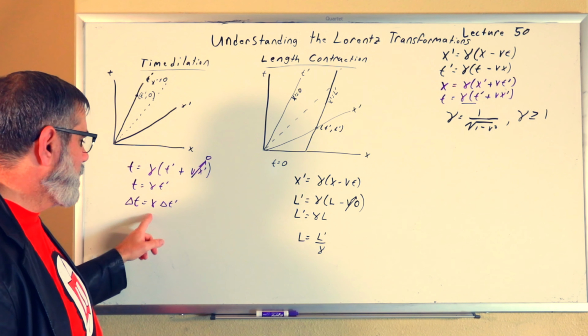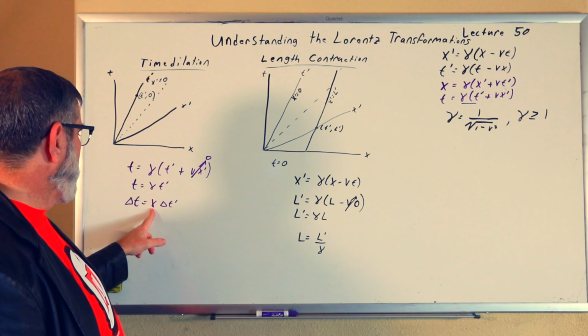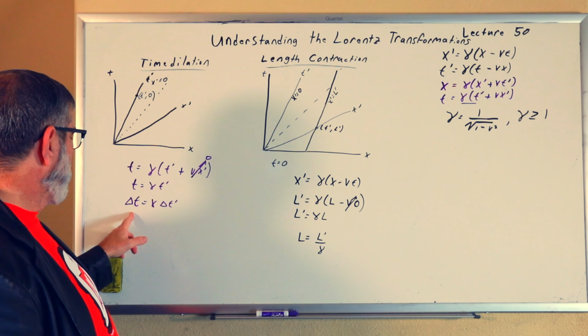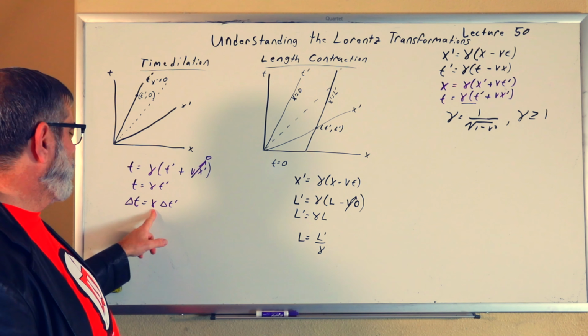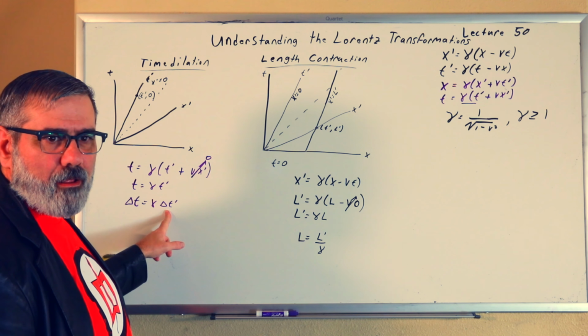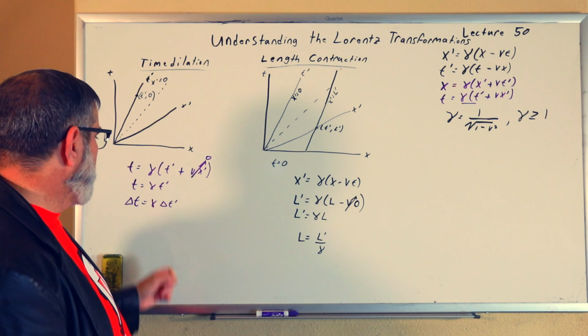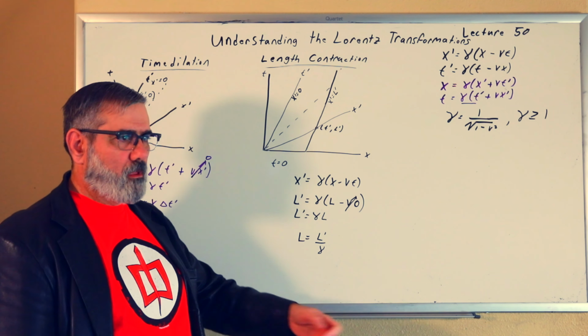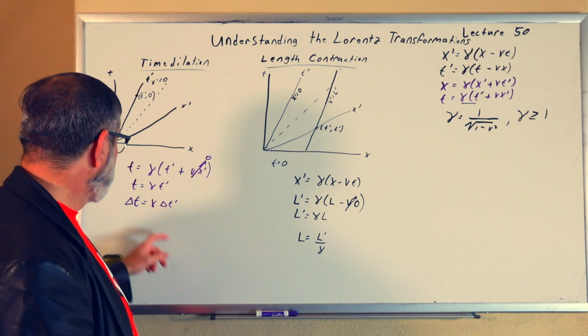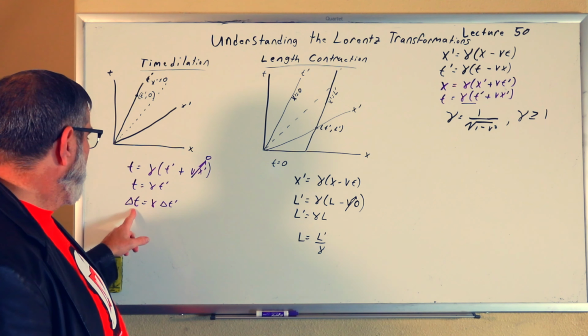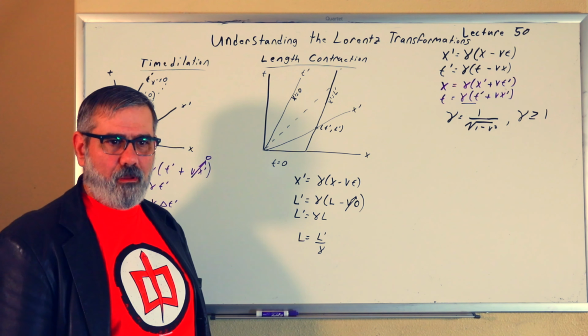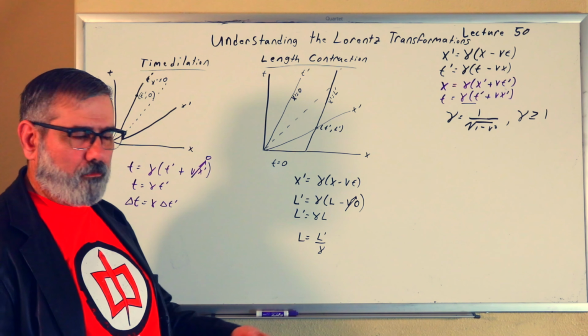Well, with time dilation, what does that mean, right? That means that delta t is always greater than or equal to delta t prime. So if the train frame says, hey, that was 5 minutes, the platform would disagree and say, no, your clocks were moving really slowly because I measured a much longer time for you.